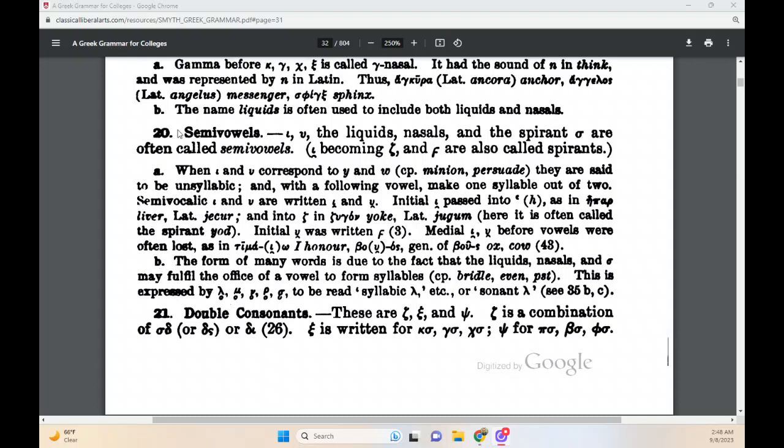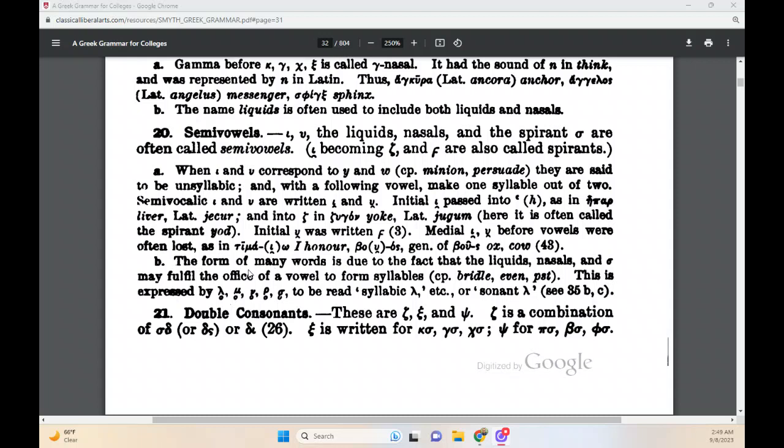Note B here under Article 20 says, the form of many words is due to the fact that the liquids, nasals, and sigma may fulfill the office of a vowel to form syllables. So this is simply a note. As I mentioned before, these details about the linguistics or the sounds of the letters are not just a bunch of trivial information.